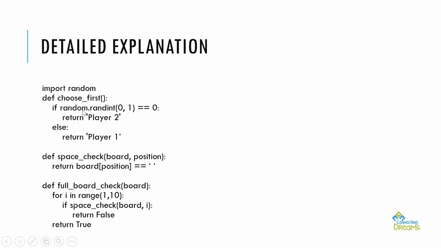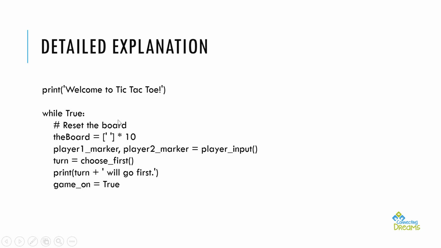With the help of this random.randint, we decide that, and the return value would be stored in the variable named turn. And then you print that turn plus will go first. This will help the user understand who is going to play when.